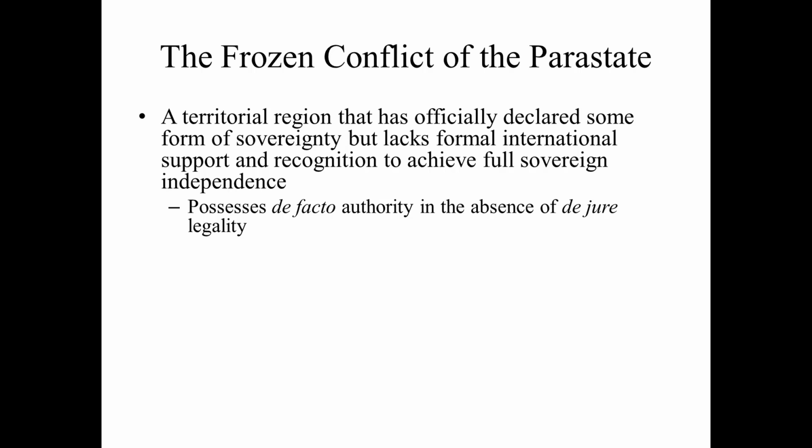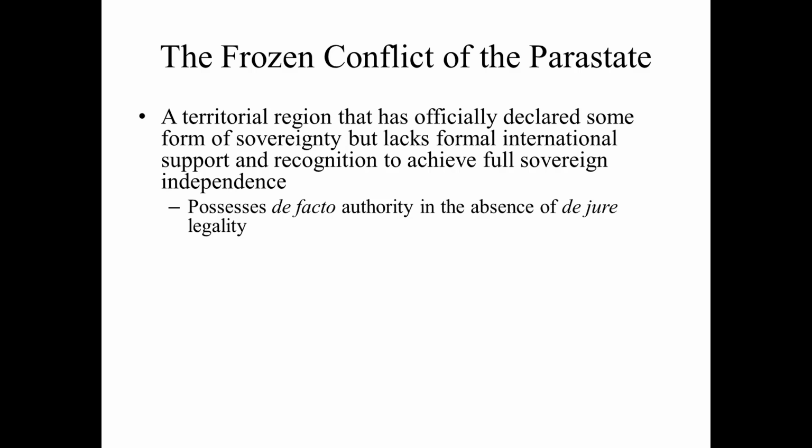In other words, a parastate possesses de facto authority, right? They control the territory, right? They control the roads, they control the hospitals, they take out the garbage, they design the education, they might even issue some passports, right? They are a state in all but name.